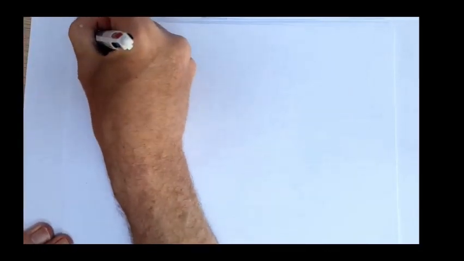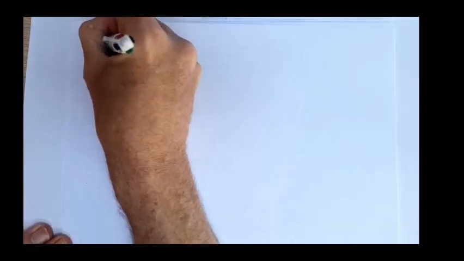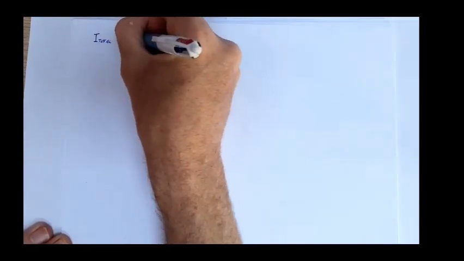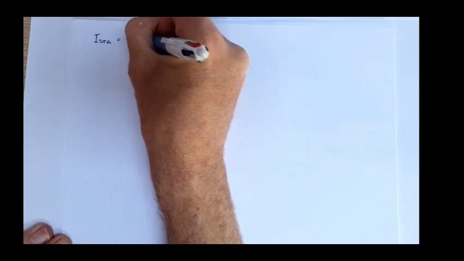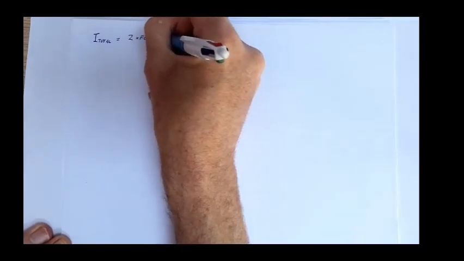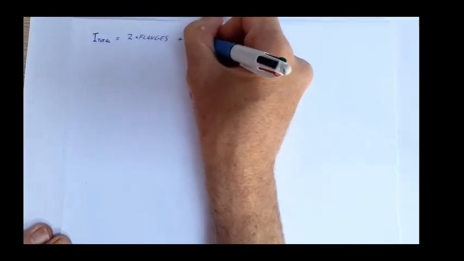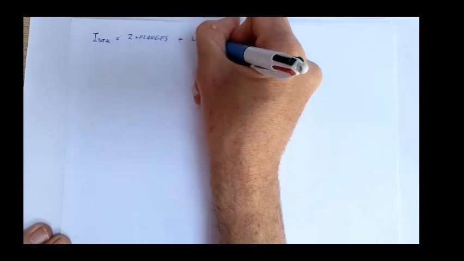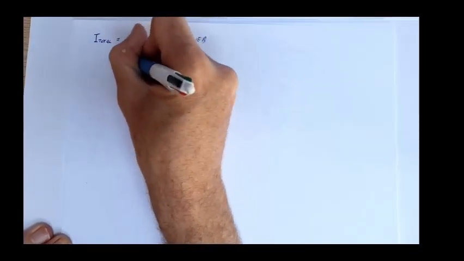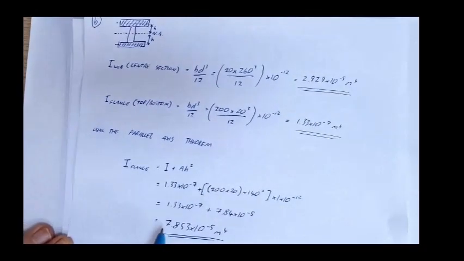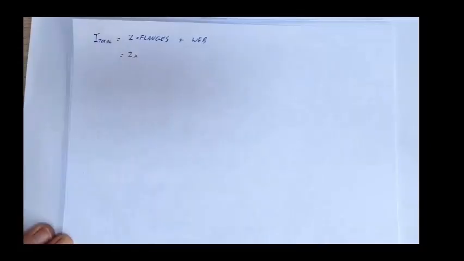So total second moment of area equals two flanges around the global neutral axis plus web, which is 2 times by flange, which was this 7.853 times 10 to the minus 5.